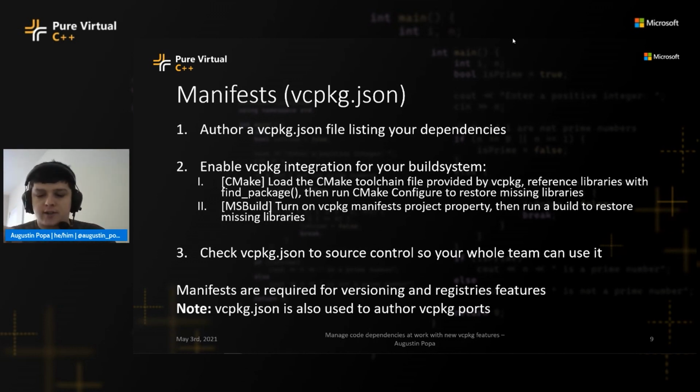One other thing I want to call out about vcpkg.json: if you are contributing to the vcpkg project, you will care about vcpkg.json as well, because in fact, this is used to specify metadata about libraries that will be consumed with vcpkg. So we have something called a control file that we've used in the past. This is now deprecated.